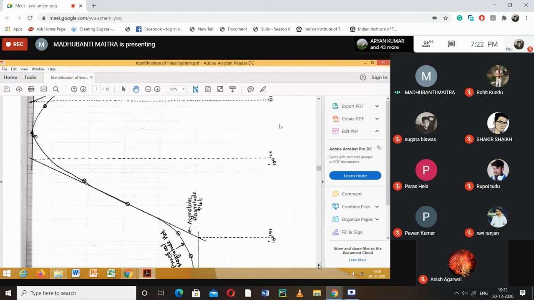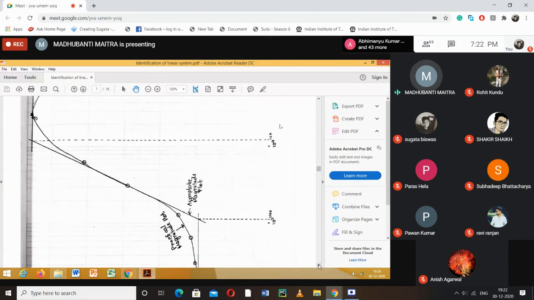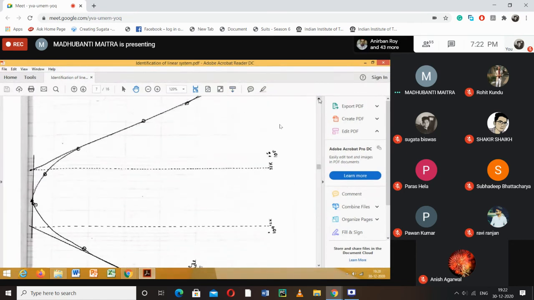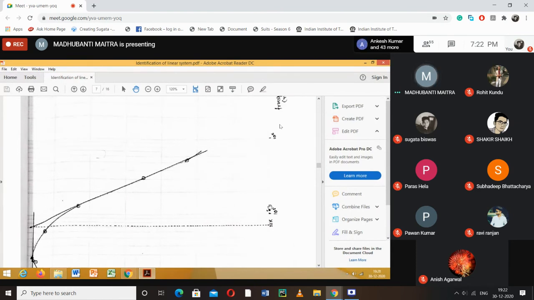Yes, ma'am. So for that, what we have done, we have approximated the actual gain versus frequency plot by this asymptotic magnitude plot. Clear?